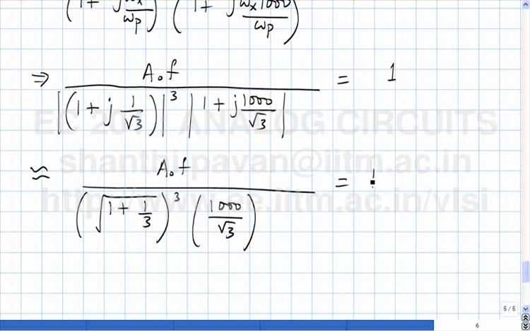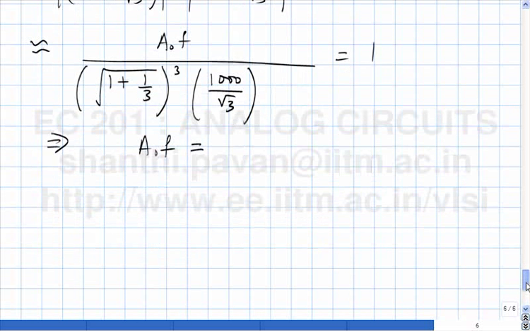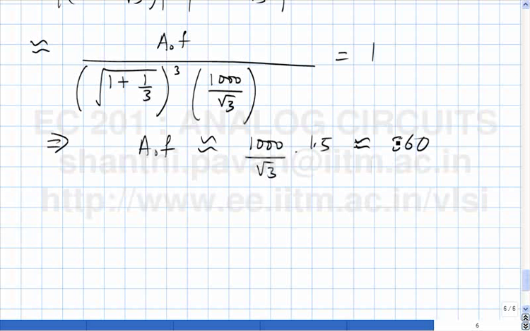This must be equal to 1. So the A naught F that you can tolerate before the system becomes unstable is 1000 by root 3 times approximately square root of 4 by 3, which is about 1.15 or so. 1.15 whole cube is about 1.5. So about 860. Does it make sense?